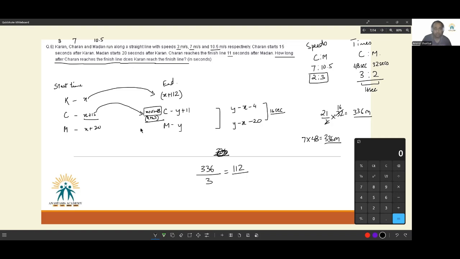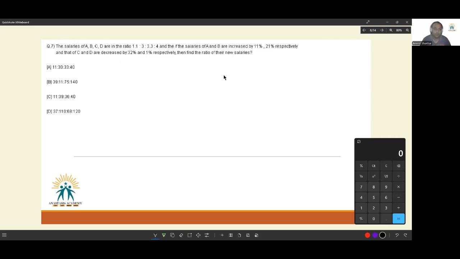It will be the difference of these two times. x and x will cancel, so 112 minus 63. Our final answer will be 49 seconds. It will take 49 seconds after Charan reaches the finish line for Karan to reach the finish line. Answer is 49 seconds. Next.